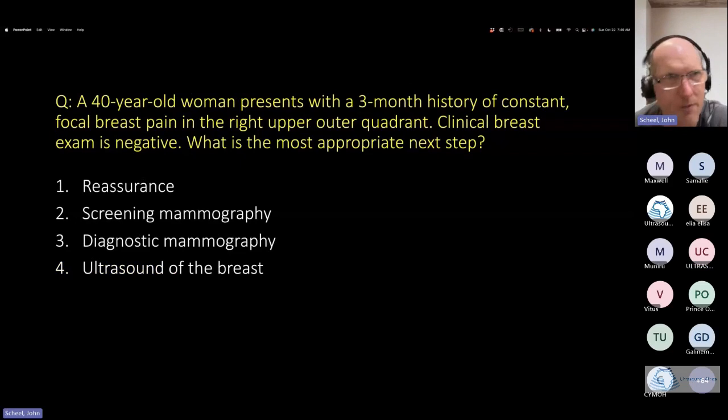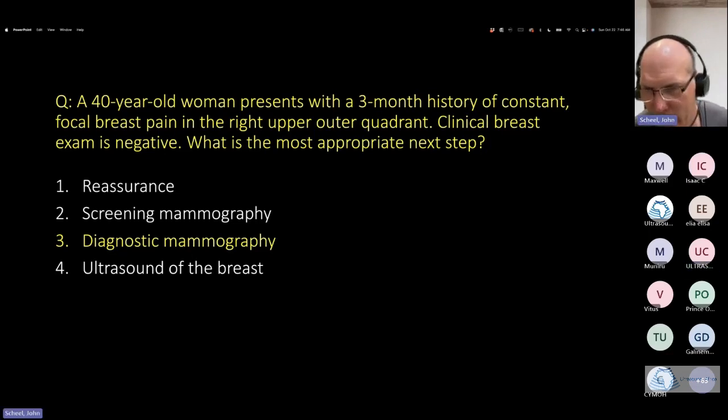Here's another question. A 40-year-old woman presents with a 3-month history of constant focal breast pain in the right upper outer quadrant. Clinical breast exam is negative. What's the next most appropriate step? So in a 40-year-old, the change is that now she is eligible for screening mammography, but she now has symptoms.